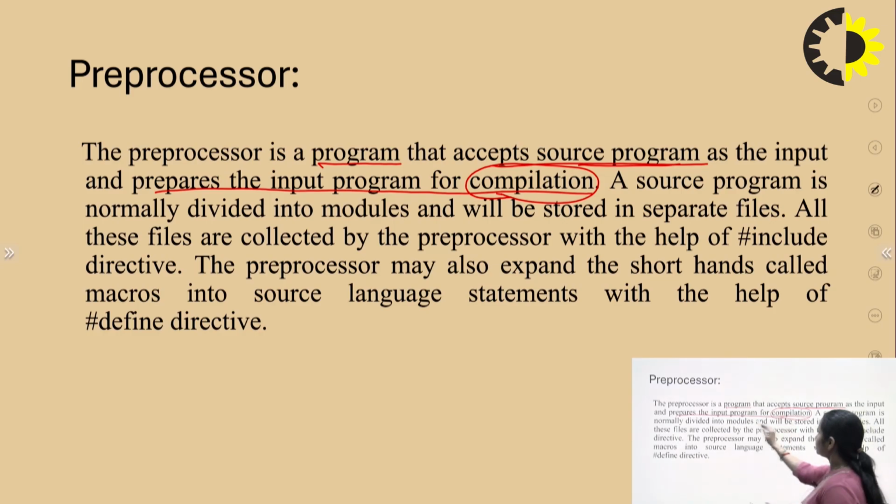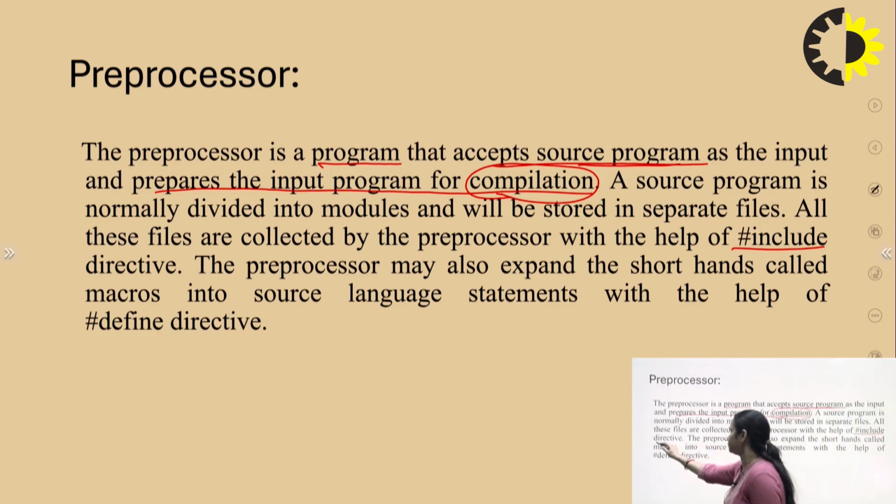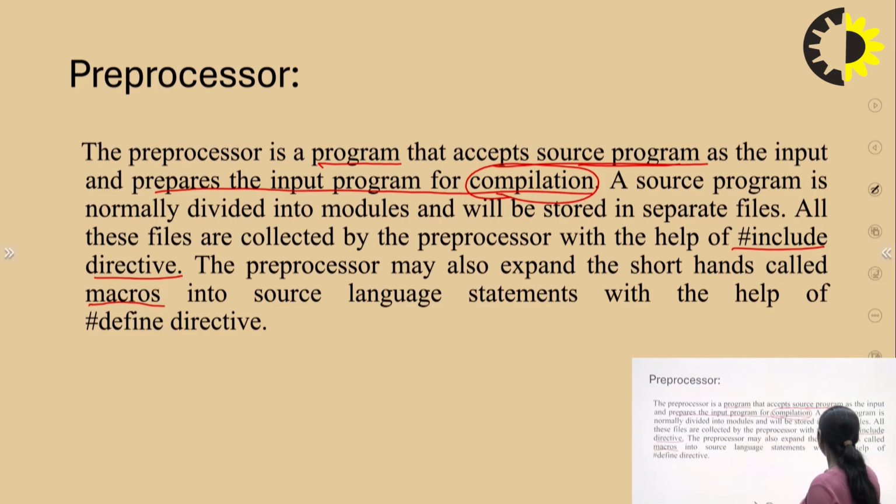A source program is normally divided into modules and stored in separate files. All these files are collected by the preprocessor with the help of the #include directive. This you must be aware of. The preprocessor also expands shorthands, which are called macros, into source language statements with the help of the #define directive.